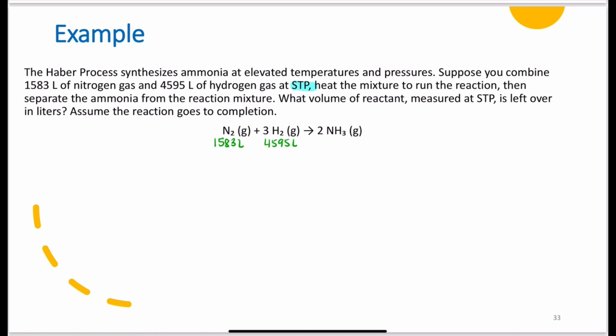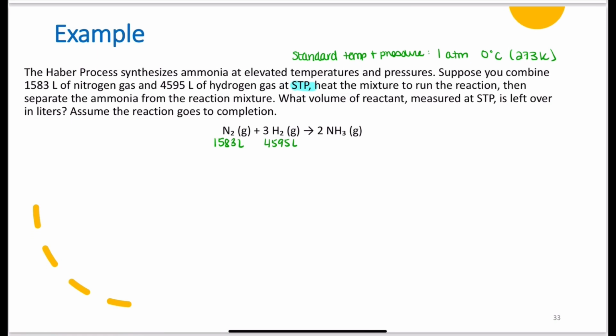What does STP mean? Standard temperature and pressure. One atmosphere, 0 degrees C, which is 273 K.